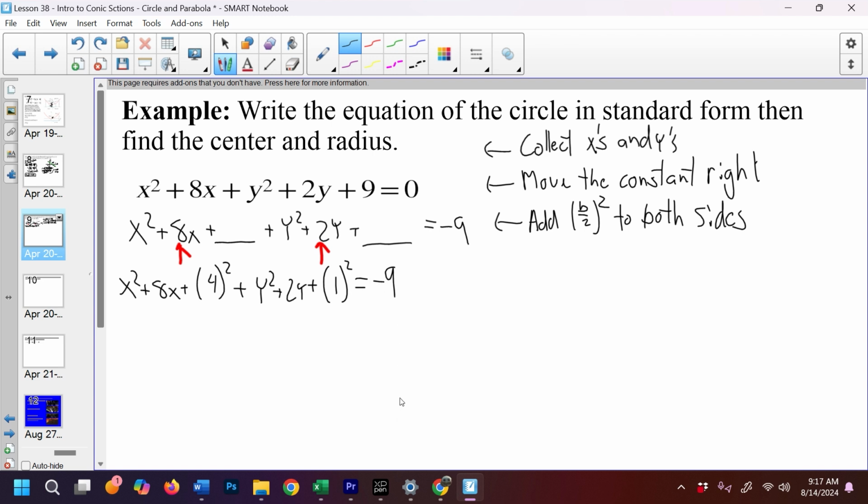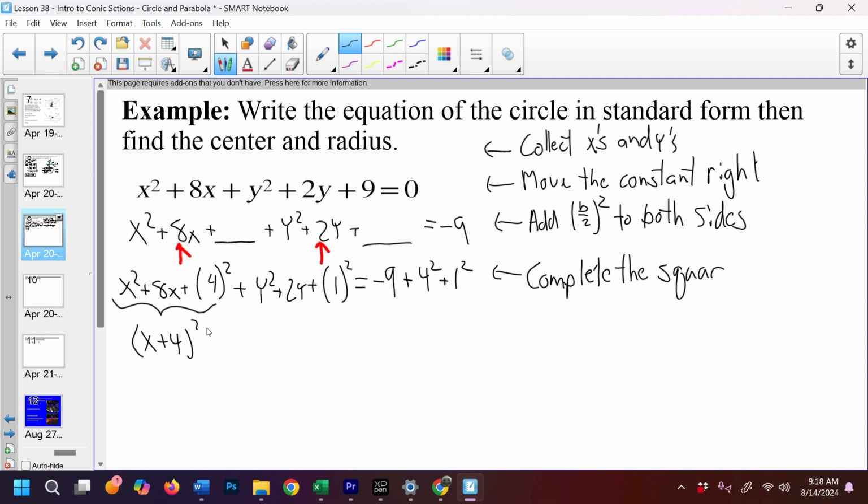But just like in any other algebraic situation, whatever you do on the left-hand side, you must also do on the right-hand side. So to keep this in balance, I have to add 4 squared and I have to add 1 squared. And so here I am going to complete the square. Now this expression here is a perfect square that we can write as a perfect square binomial (x plus 4) squared.